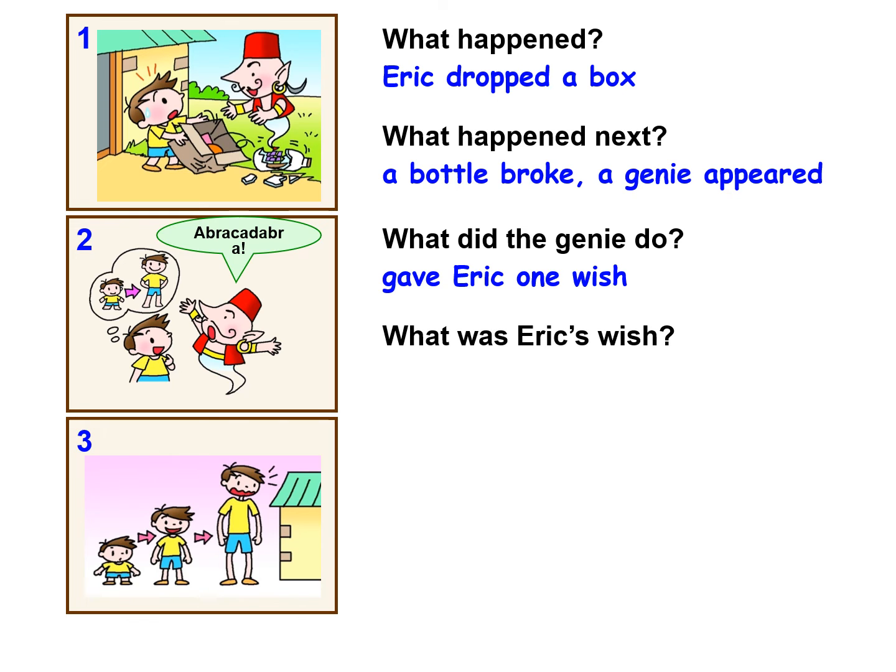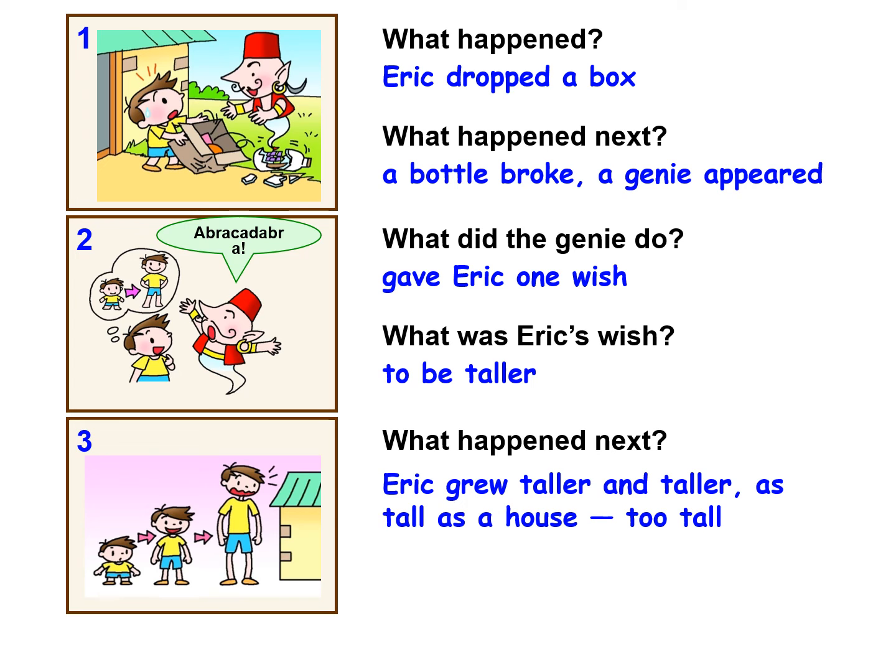Gave Eric one wish. What was Eric's wish? To be taller. What happened next? Eric grew taller and taller, as tall as a house, too tall.